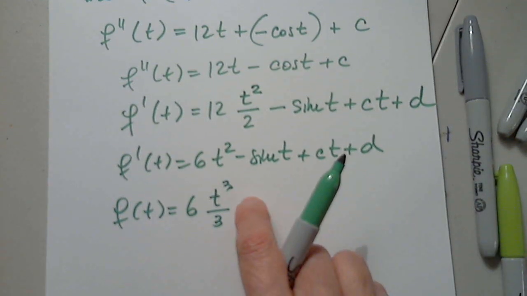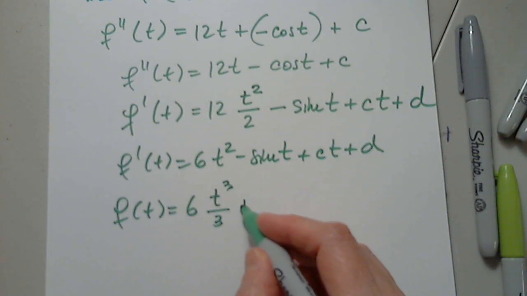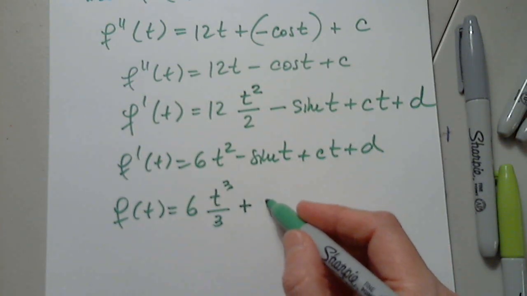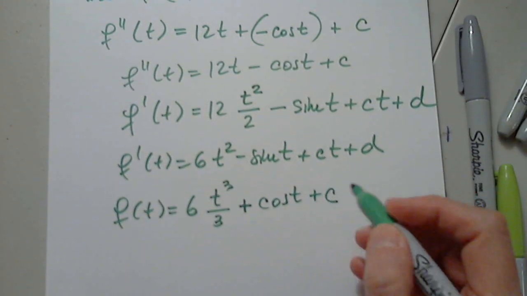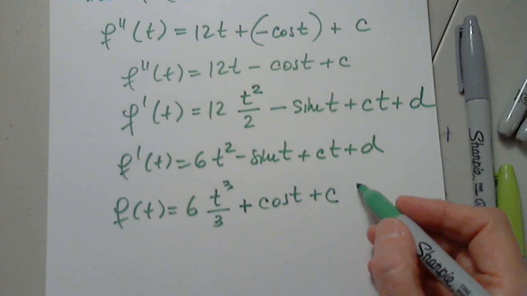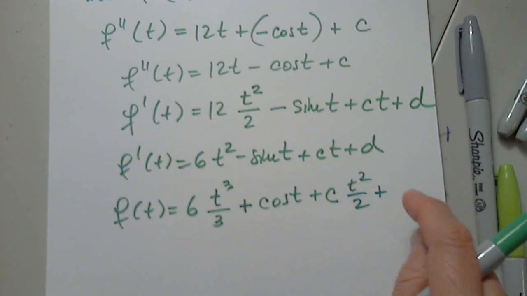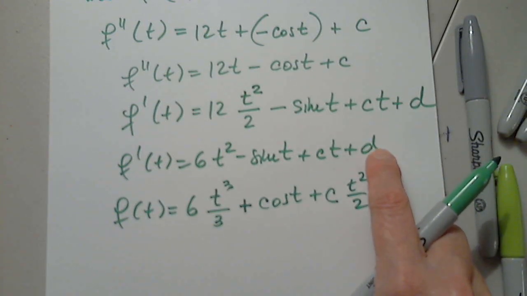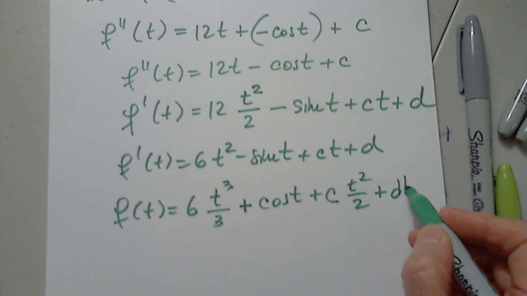Minus, or which function prime is negative sine t? That should be plus cosine. Yes. Plus c. Which function prime is t? t squared over 2. Plus which function prime is d? dt.